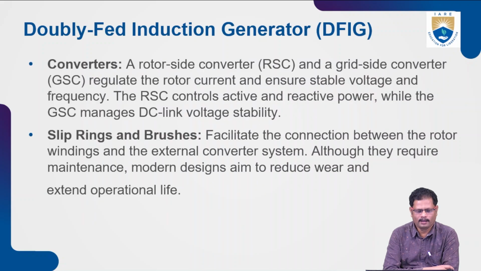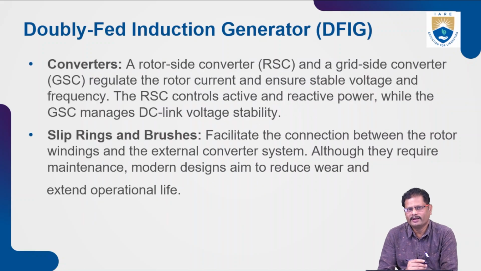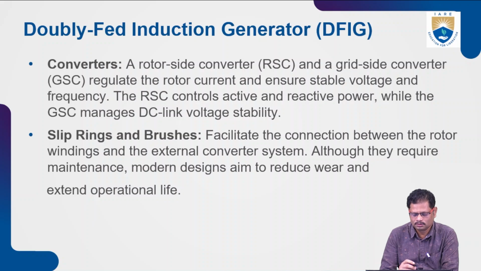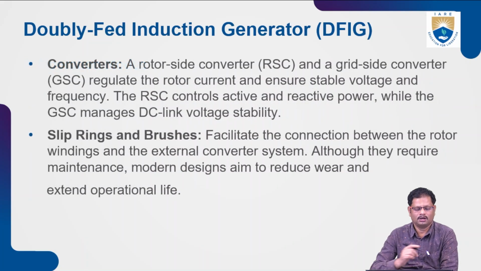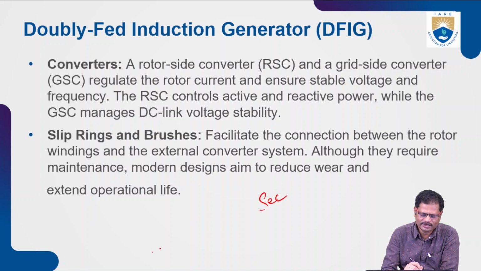In addition to the rotor and stator, we also have converters, brushes and slip rings. The converters are used on the rotor side only, that is the secondary side. The primary takes only a three-phase AC supply to the stator, and the secondary has the rotor.